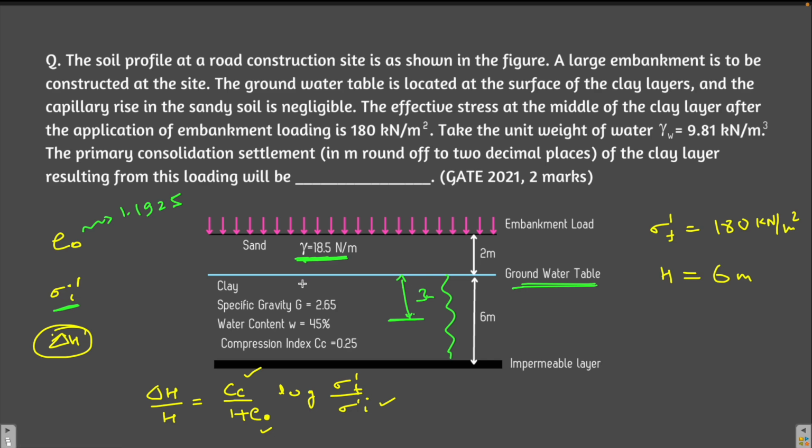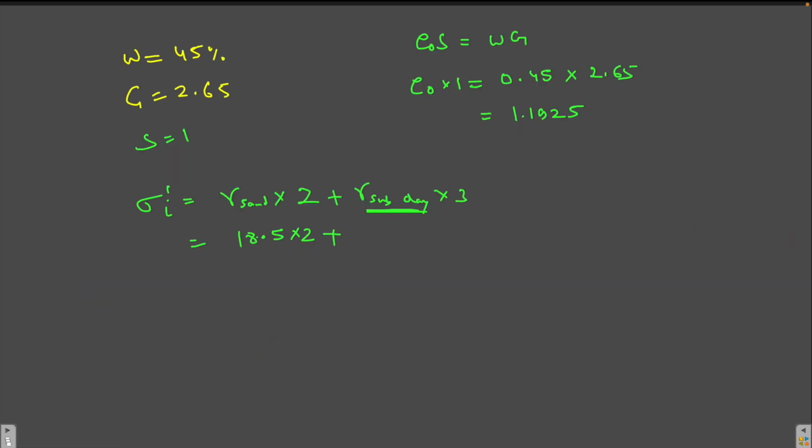Now next is gamma submerged. Now here is a trick. The question has not given you the gamma submerged of clay or even the gamma of clay. It is not given in the question. So how will you find out the gamma of the clay? So again we will go back to the basics.